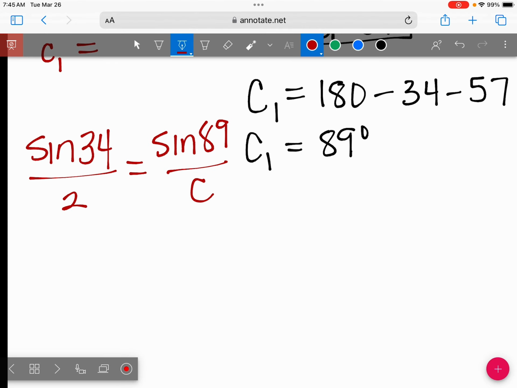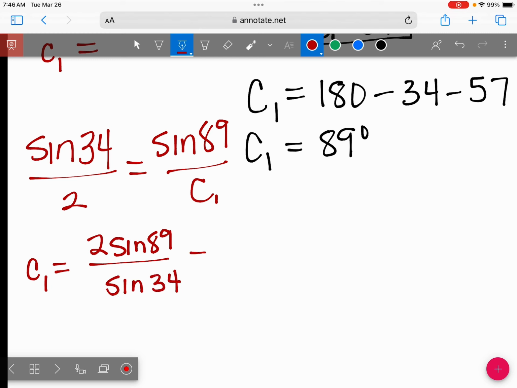So this time, do we need to use inverse? Are we trying to find an angle? No. So just go ahead and solve that. This is little c1. So little c is going to equal 2 times the sine of 89 over the sine of 34.